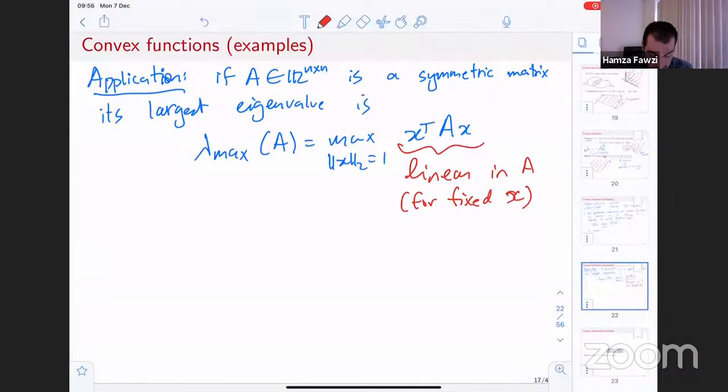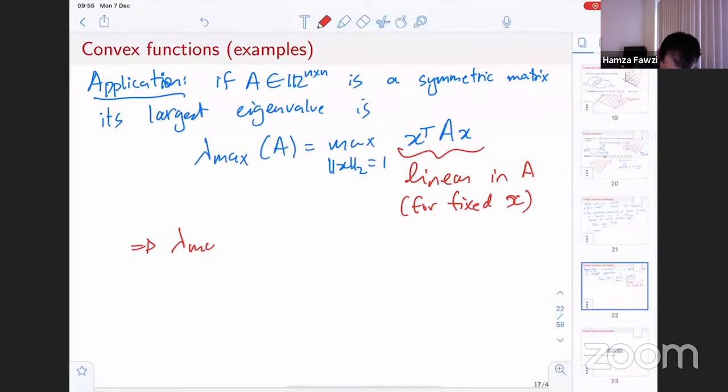So this is linear in A. And so what I've written here is that lambda max of A is a pointwise maximum of an infinite number of linear functions. This implies that lambda max is a convex function in A.